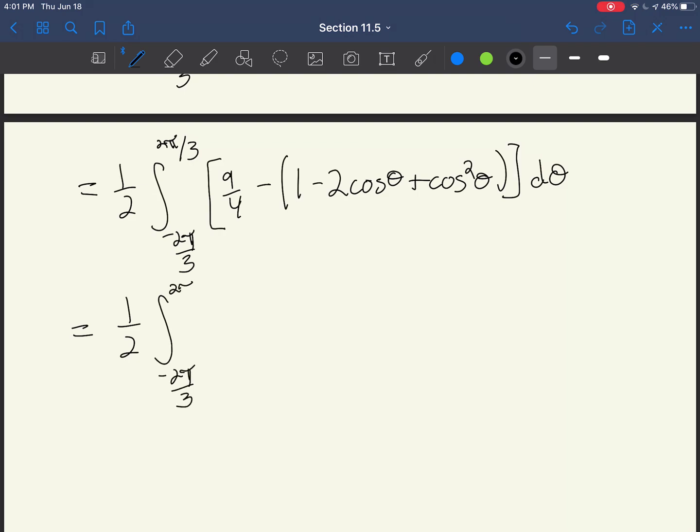Go ahead and distribute the square, which is 1/2 integral from negative 2 pi over 3 to 2 pi over 3 of, distribute the negative sign, 9/4 minus 1 is 5/4.